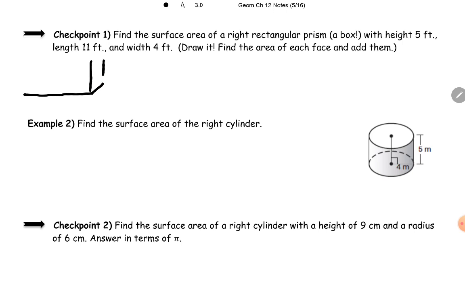So that's 5, that's 4, that's 11. It's supposed to be standing up at a right angle. There we go.